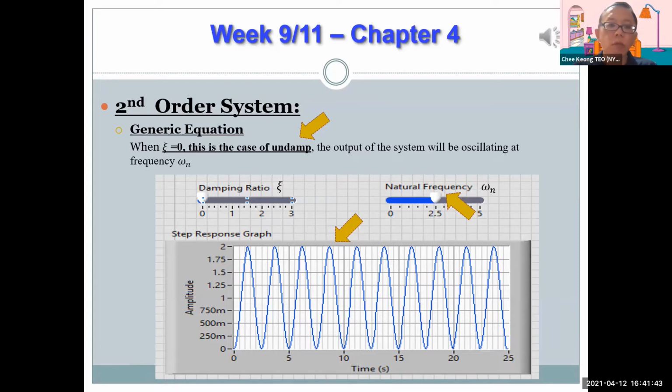Undamped natural frequency is the situation whereby the system starts to oscillate and you don't apply any braking or any resistance to this oscillation. So as a result, it oscillates to its fullest, and that's what we mean by having the damping ratio zeta equals 0.